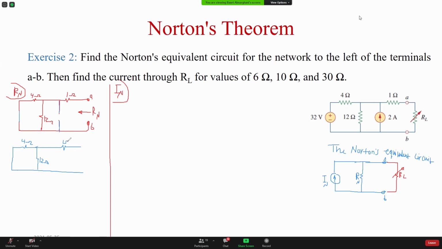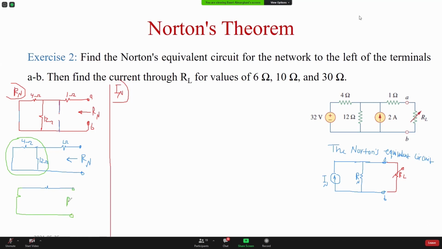And this 1 ohm is added to their combination, Rn, looking this way. So I'm going to combine these two together. Let me change the color so these two together will be one equivalent resistance.